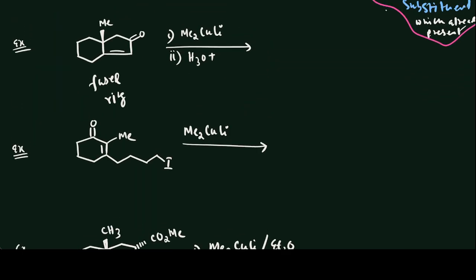For a fused ring, what we look at is this: if any group is on the above side and this is planar, then these two rings have to be on the below side, because this group is on the above side.